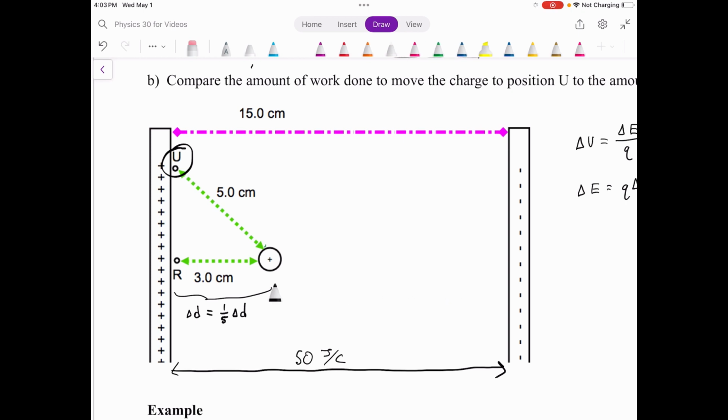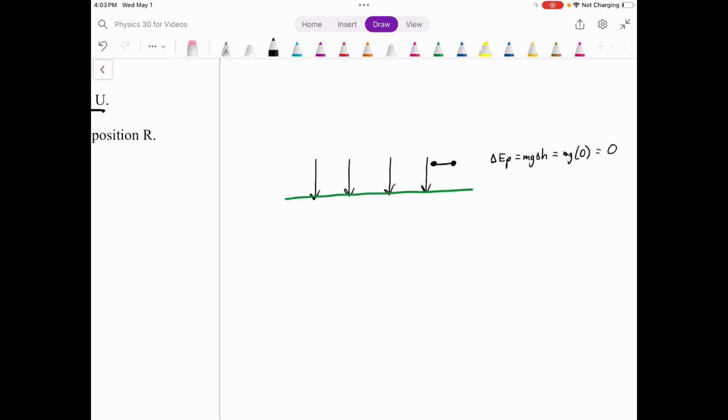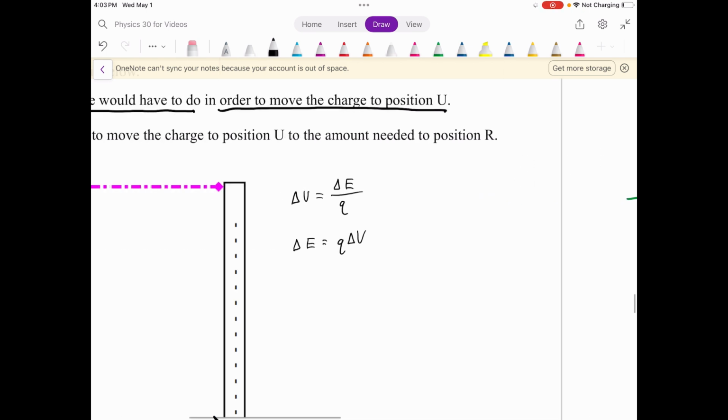So if we only move through 1/5 as much of the distance between these two positions, well, that means we only move through 1/5 the potential difference. If we lift the ball to only 1/5 the height, right, here to here versus here to here, we would expect this to get 1/5 as much potential energy change as this one, right? So same idea here.